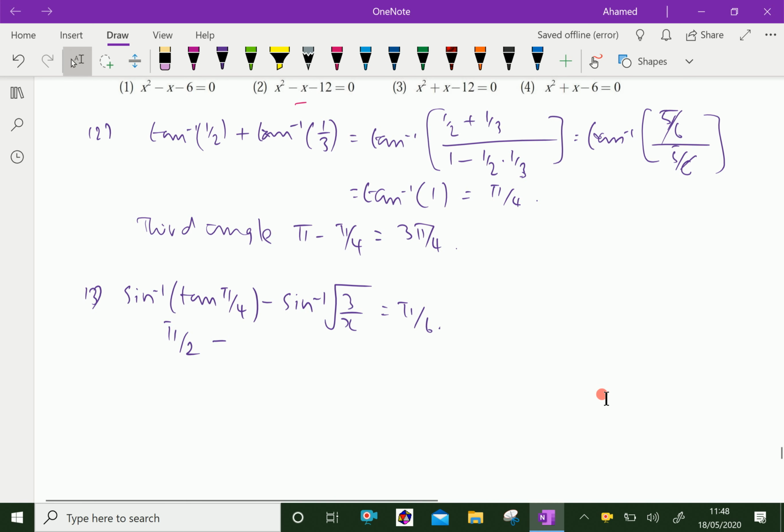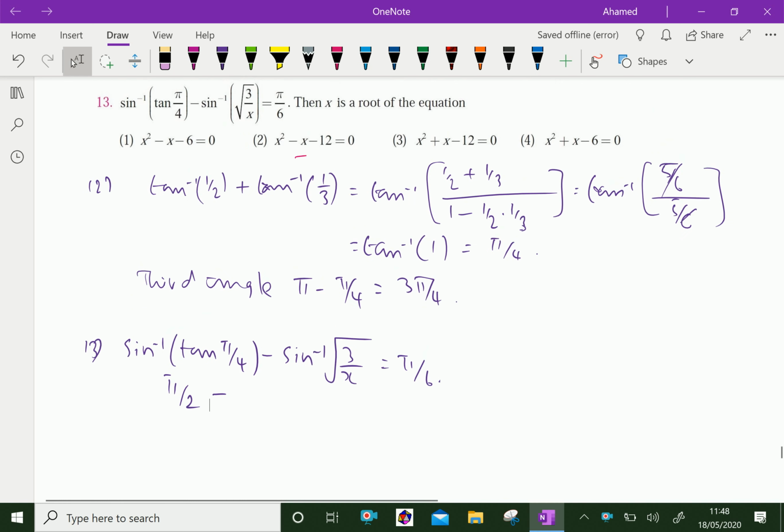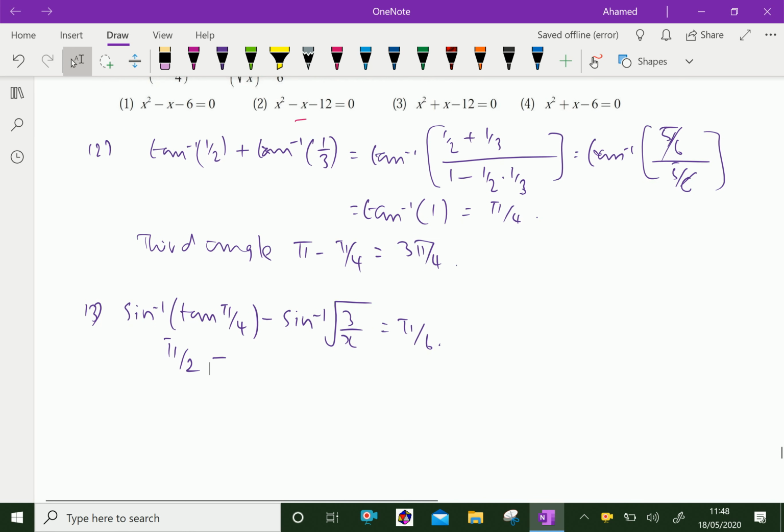For this, the equations are given as options. Here the equation is x squared minus x minus 12. Factors are x minus 4, x plus 3 equal to 0.